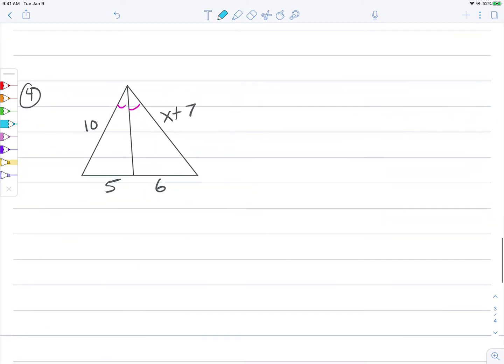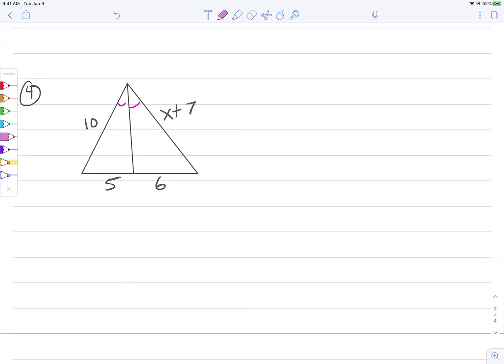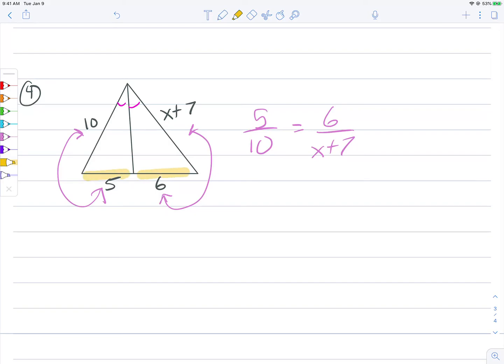Okay, let's try one more. So here's my angle bisector. If I were to write a ratio of the side that is cut by the angle bisector to its companion side, that would be 6 over x plus 7, making sure that the side that is cut by the angle bisector is in the same part of our fraction.